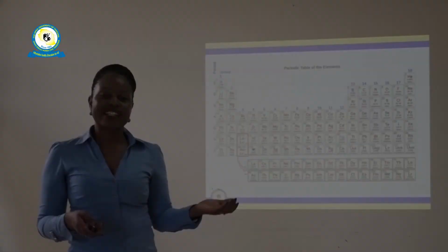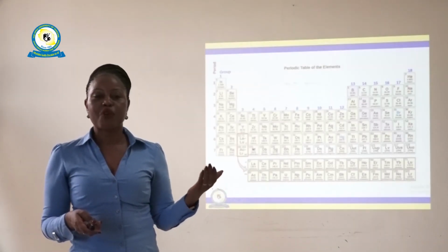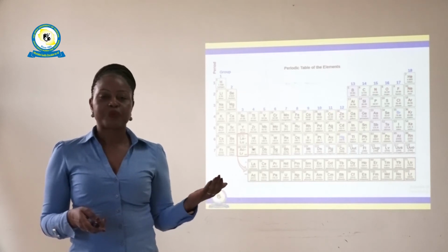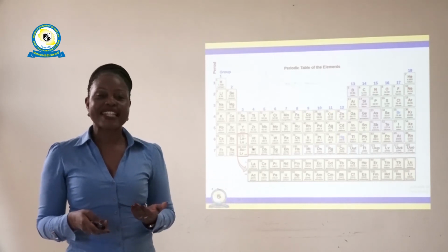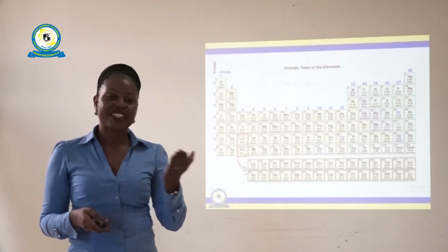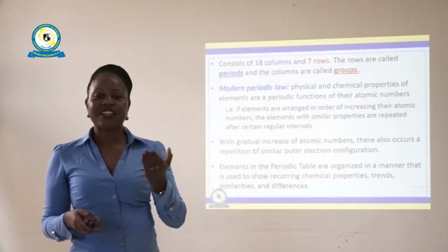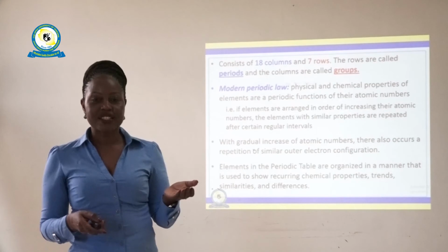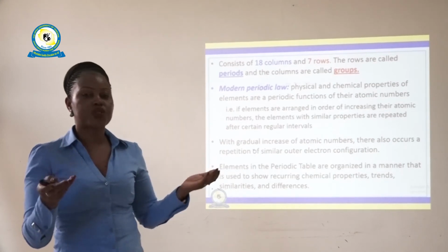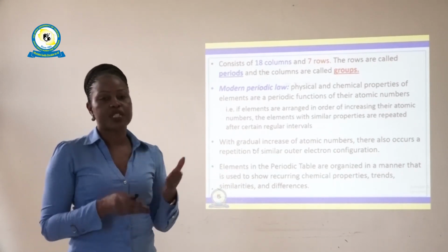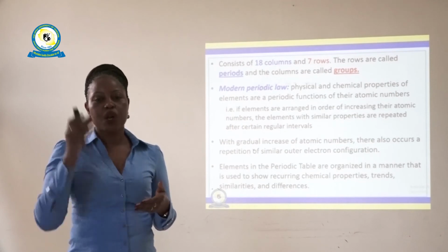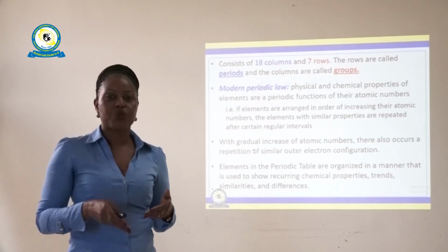Now that is an example of the modern periodic table of elements. You can note that there are seven rows and 18 columns, and the rows are known as periods, and the columns are known as groups.